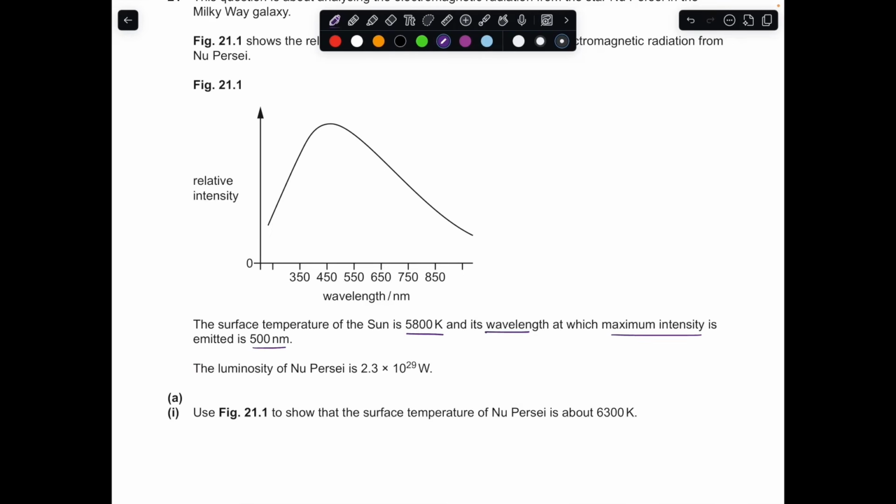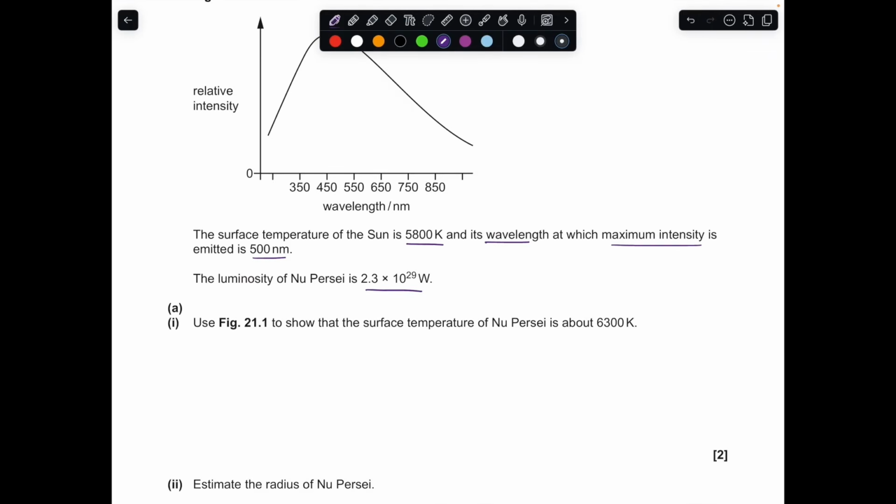And the luminosity of Nu Persei is also given to us, and in the first part we have to use the diagram 21.1 to show that the surface temperature of Nu Persei is about 6,300 kelvins.